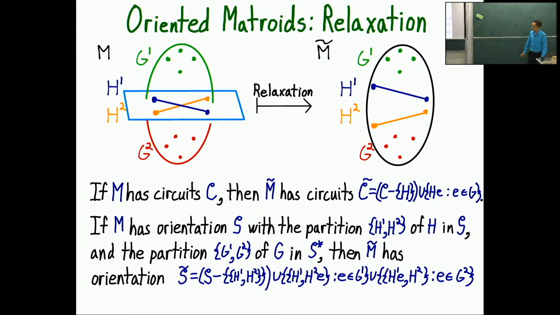And this is certainly a bit more complicated, but if you do this and look at the circuits, you've gotten rid of this circuit again. But now any other dependency is either going to be H1 and H2 if E comes from the side of G1, or E is going to be with H1 if E comes from G2.